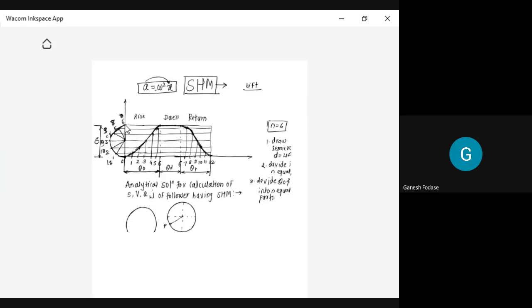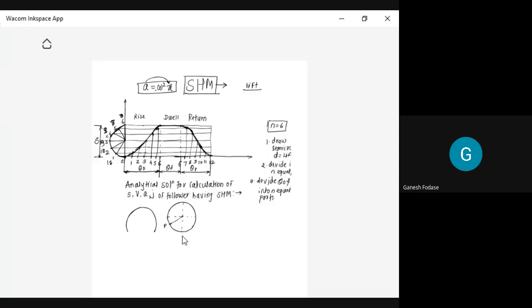This circle is called a harmonic circle. If I consider any point here, let's say point 1, 2, 3, 4, 5, 6, 7, this circle I drew is similar to this harmonic circle. So when the cam turns through any angle theta, what is the follower displacement, that we need to find out.